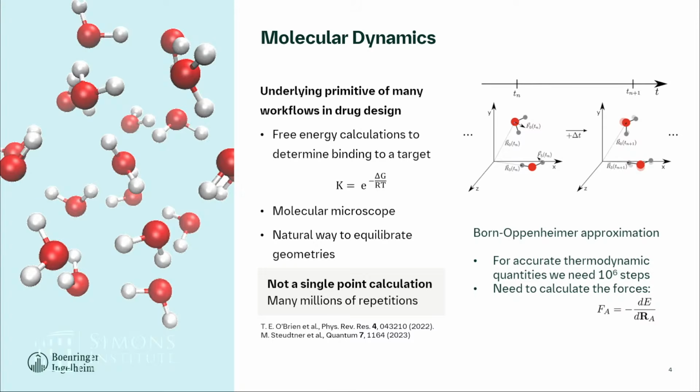So microseconds is basically what you're aiming for to see biologically relevant things happening, or even to equilibrate your system, right? To go to an equilibrium distribution. So that takes quite a lot of time, and these 10 to the 6 steps, that's sort of a killer, and it really limits the size of the things we can simulate.